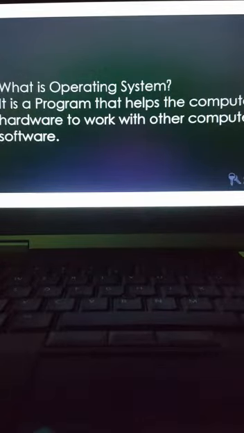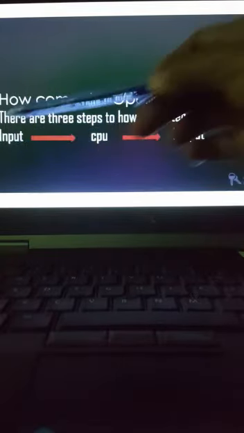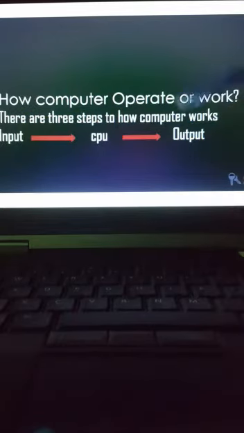So how does a computer work? The question arises, how does a computer work? These are the simple steps that you can easily understand. There are 3 steps: your input, then your CPU, then your output.